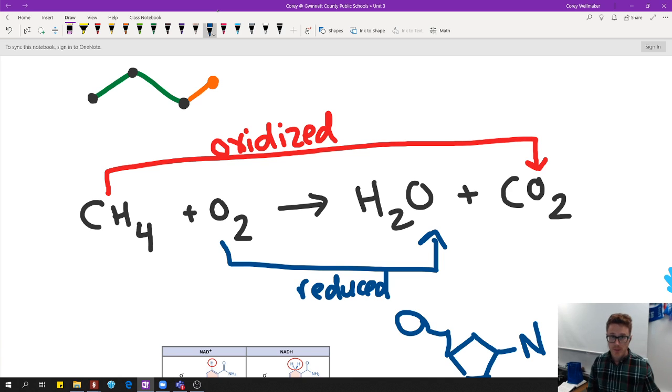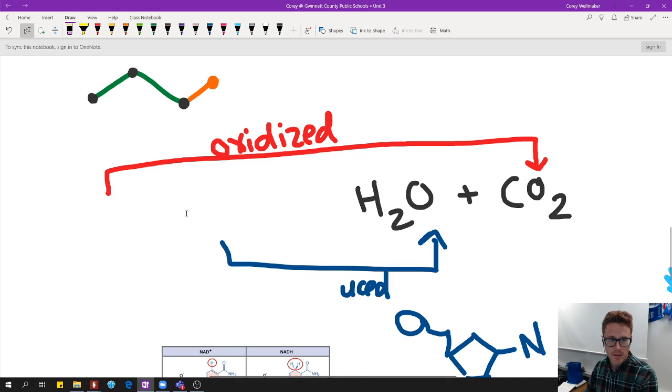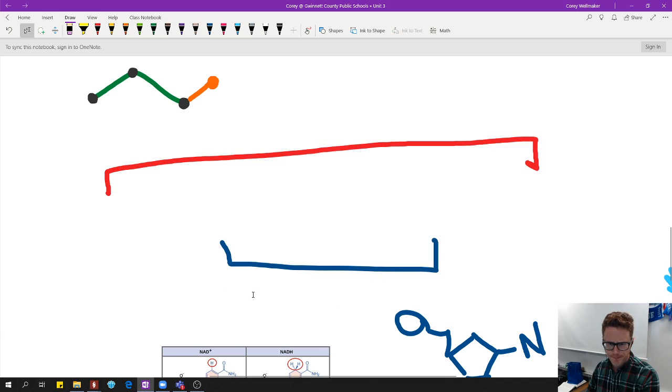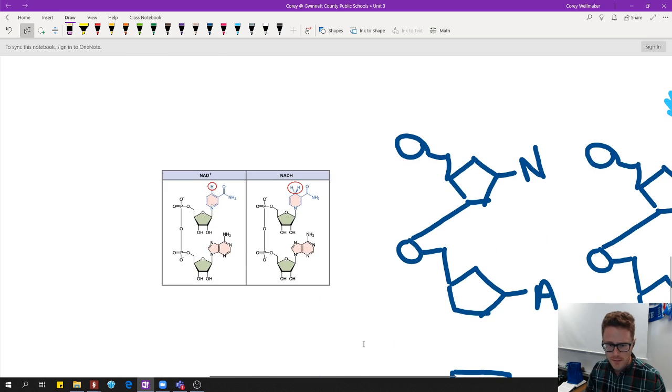So this is a very simple oxidation reduction reaction. And what's important about this is that energy is going to be released as electrons lose chemical potential energy. The same logic applies when we're talking about the coenzyme NAD.